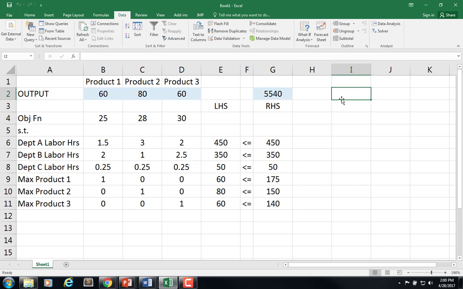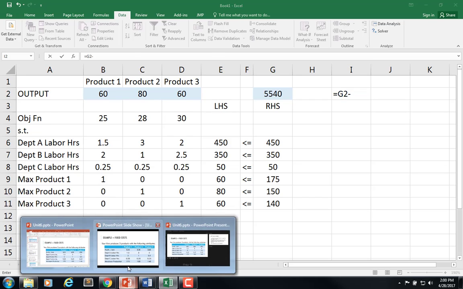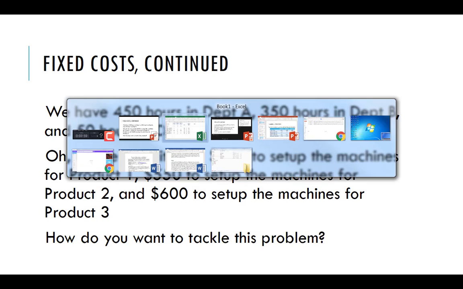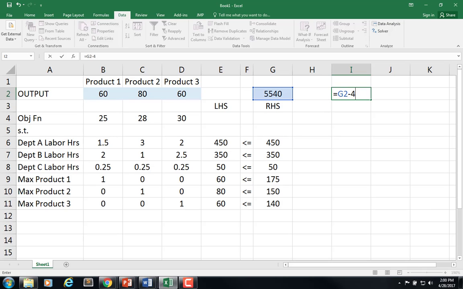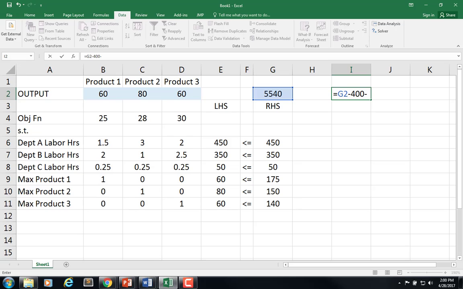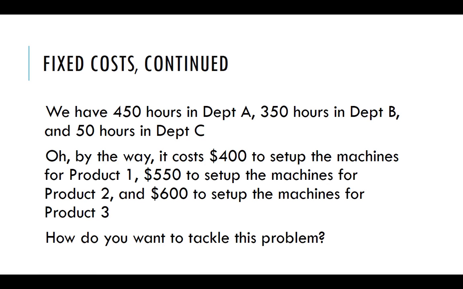So what I'm going to do over here is point here, 5540, subtract out. We did product 1, so we have to take out its fixed cost, which was $400. We also have to take out product 2's fixed cost because we produced product 2, $550. We also produced product 3, so we have one more fixed cost to take out, which is $600.